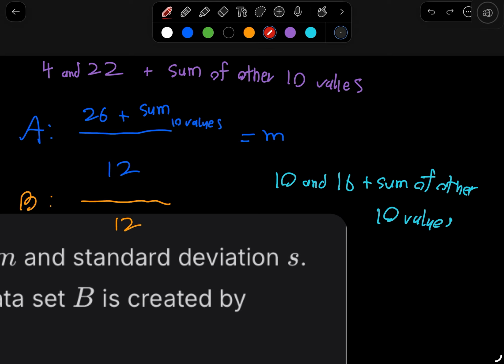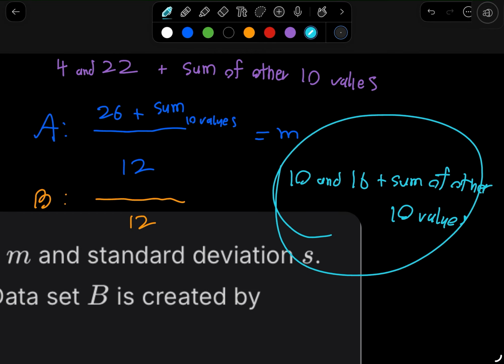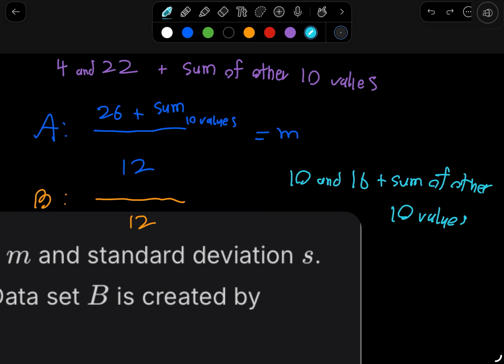Because you have to add all this up when you're trying to find the mean, well, what's 10 and 16 equal to? 10 plus 16 is 26. And of course, we have to add the sum of those 10 values. And that equals the mean of dataset B. And this is the mean of dataset A.